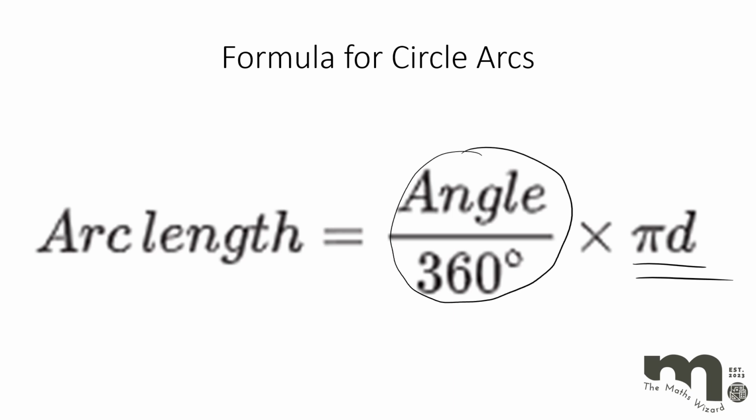Semicircles have an angle of 180 degrees, which simplifies down to a half, which is why those examples are more straightforward, because we could just halve it. But there might be questions where you don't have a nice straightforward angle that goes into 360 easily. So let's have a look at a couple of examples relating to this.